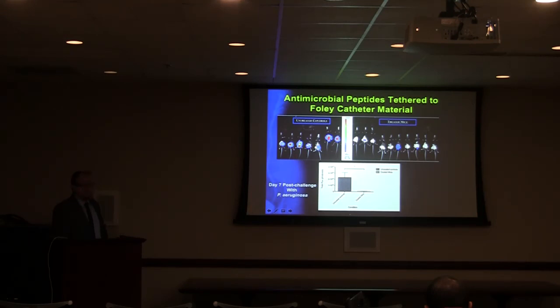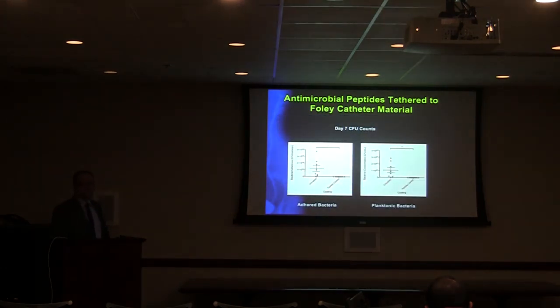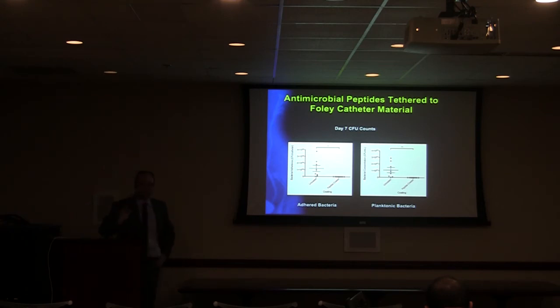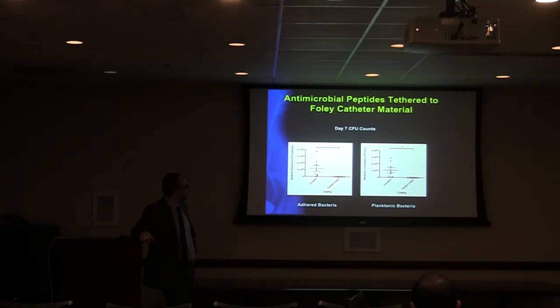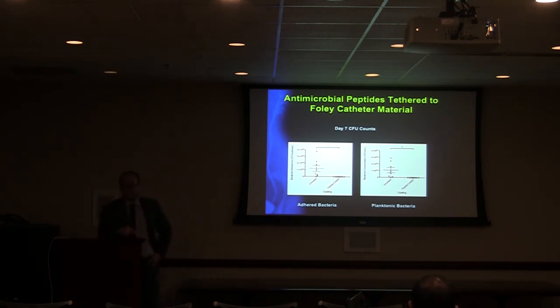But like a true microbiologist, looking at fluorescence or whatever tags is always nice and wonderful, but I want pure, hard CFU counts. That's what I want to see. And sure enough, with the colony forming units at day 7, you could still see a significant decrease in numbers found on coated catheter pieces versus not.